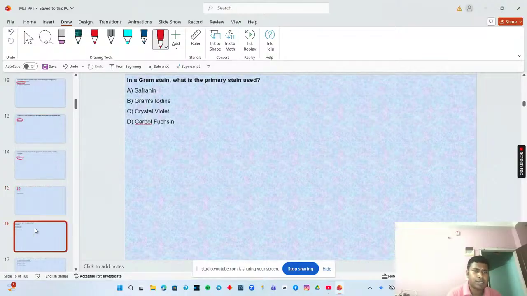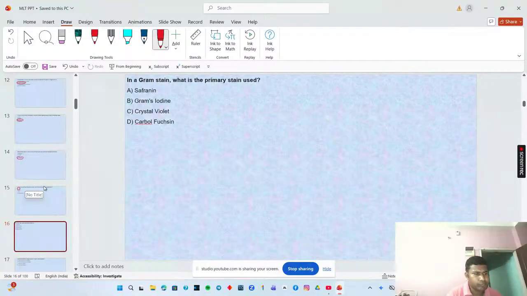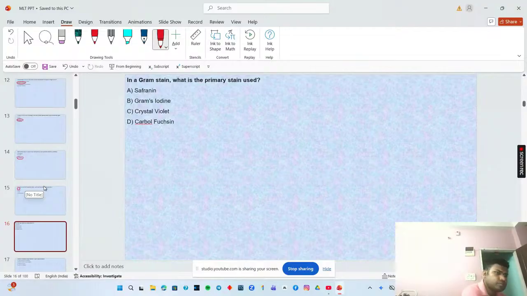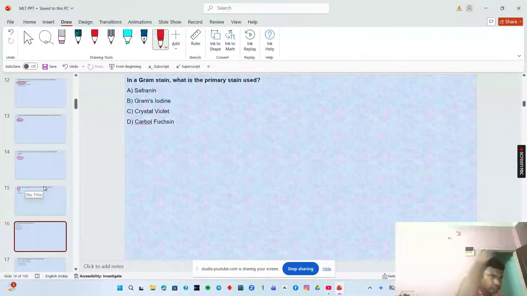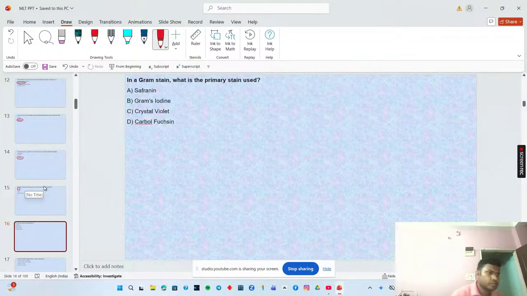Now the next question is, in a Gram stain, what is the primary stain used? Can anyone tell me? In a Gram staining process, what is the primary stain?